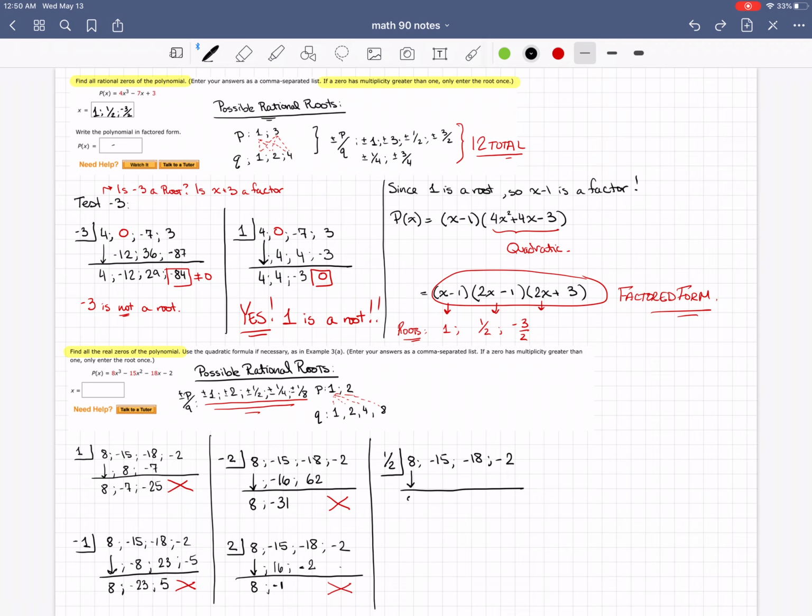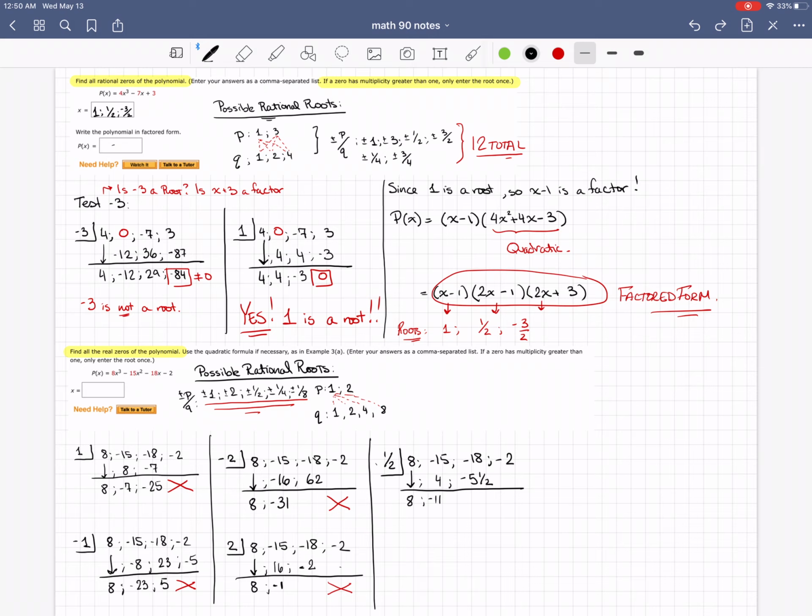Okay, here goes. Drop down the 8. 8 times 1/2 is 4. -15 plus 4 is -11. So here, -11 times 1/2 is -11/2, which is -5.5. And this isn't going to work out, right?